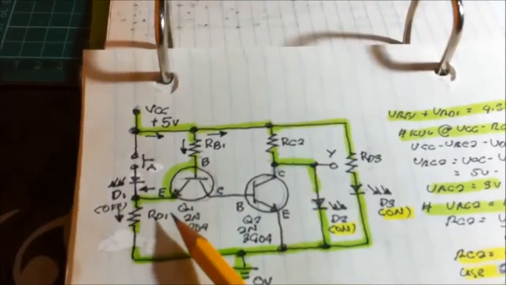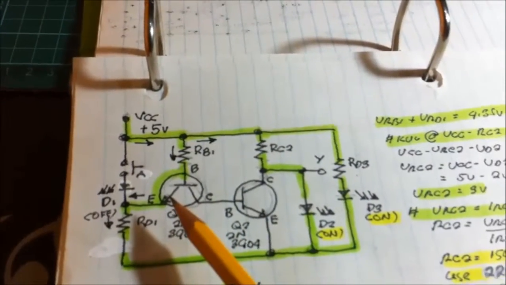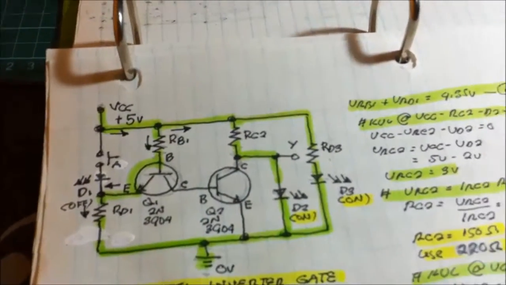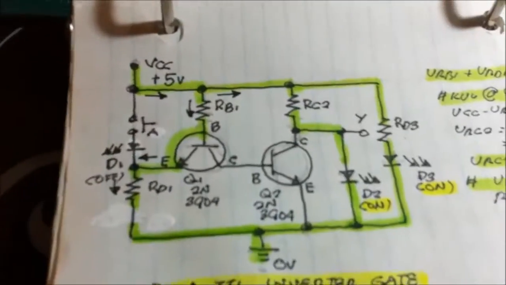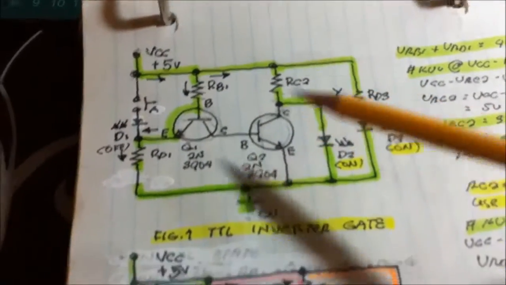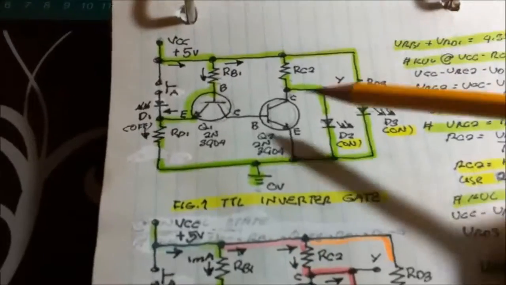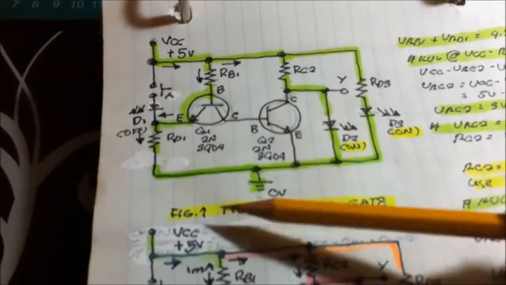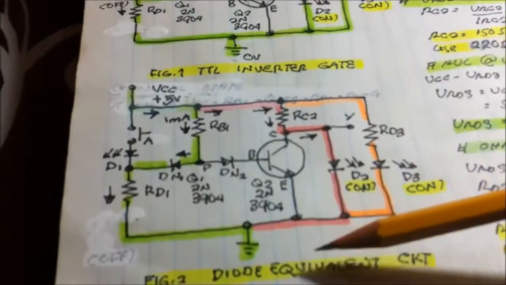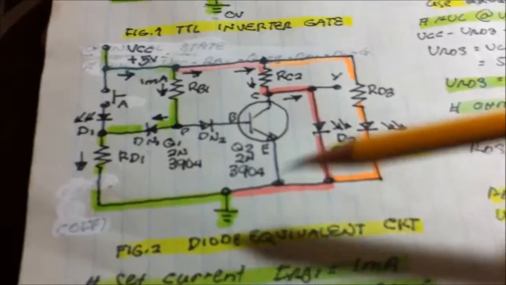Okay, let us now see the behavior of the circuit. The current flows. As you have seen here, I have a new figure, a figure 2.